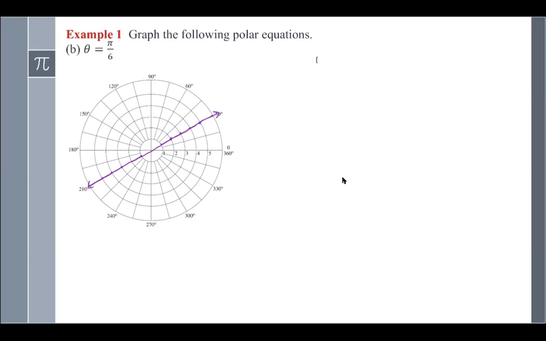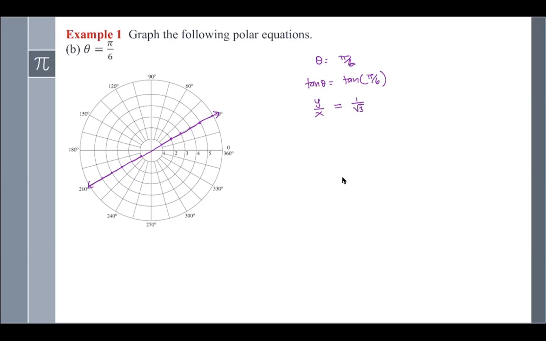So we have theta equals pi over 6. If we take the tangent of both sides, we have tangent theta equals tangent of pi over 6. Now, tangent theta is y over x, and tangent of pi over 6 is 1 over the square root of 3.